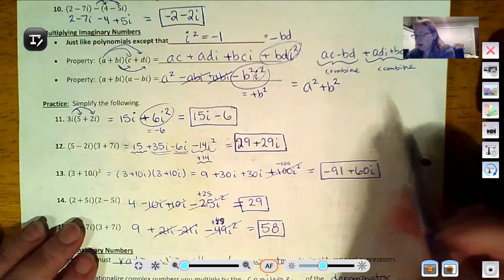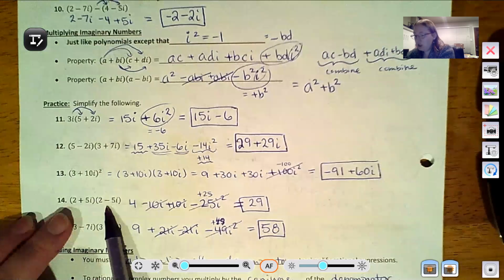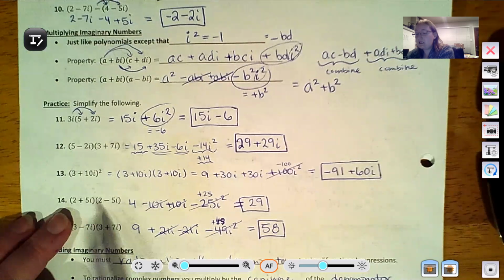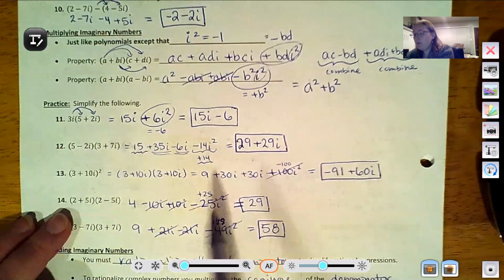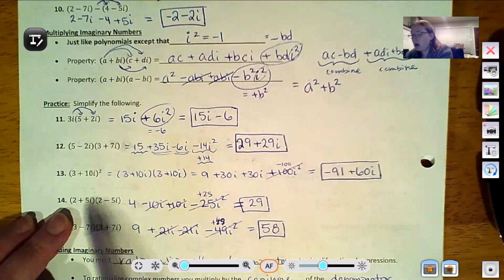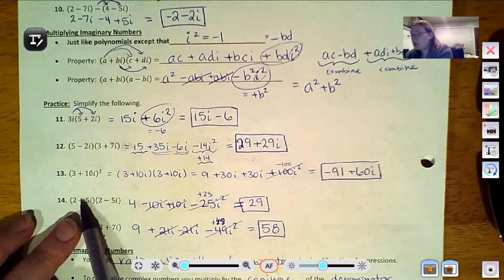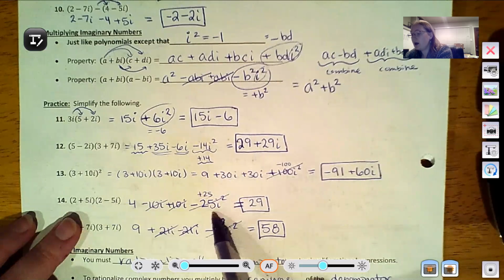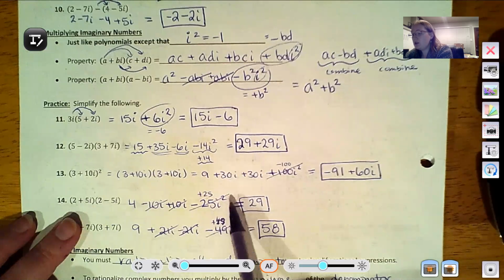Here is an example where you have a 2 and a 5i, and a 2 and a 5i, one has a plus, one has a minus, so it's like the difference of squares scenario, but it ends up being a sum of squares when imaginary numbers are involved. So you have that 4 minus the 10i plus the 10i, and then minus 25i squared. And the i squared is -1, so -25 times -1 gives you +25.